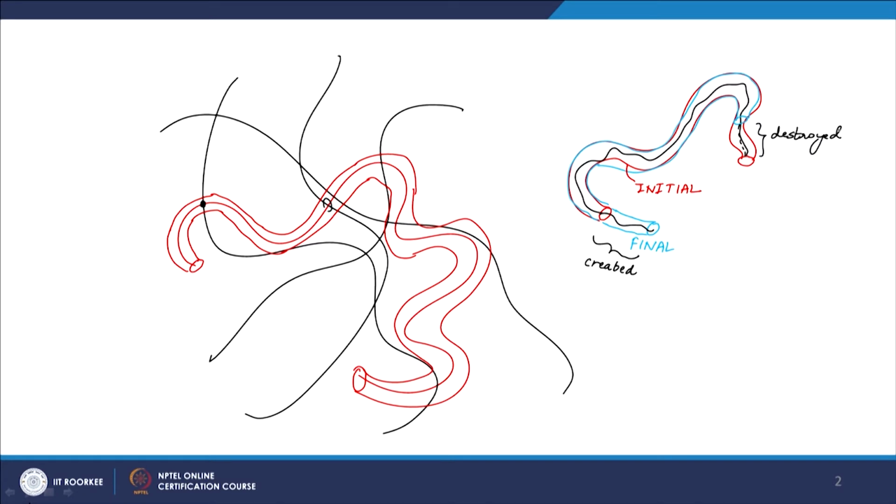Now, if I want to look at the motion of the polymer chain that is drawn in black here, then depending on what time scale we are looking at, we will see different kinds of movements. For a very short time scale, the tube will remain as it is, but the polymer chain will wiggle inside the tube.